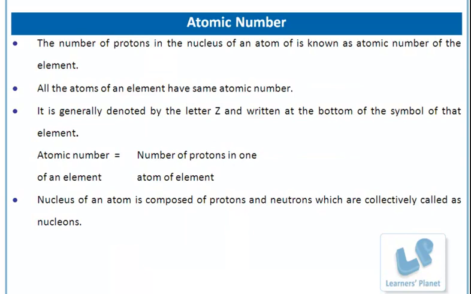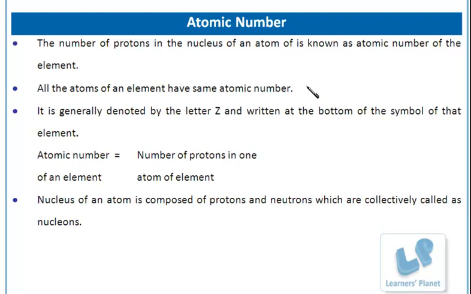What is the atomic number? The number of protons in the nucleus of an atom is known as the atomic number of the element, and it is denoted by the symbol Z. All the atoms of an element have the same atomic number.